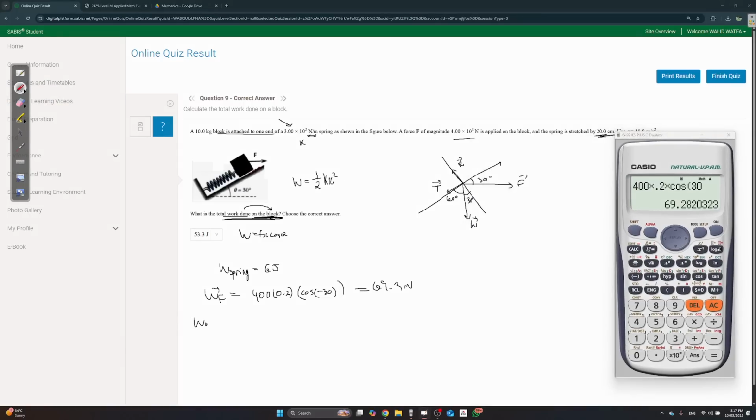Now for the weight. The work done by the weight is equal to what? Again, F times x times cosine theta. The force of the weight, you guys know that weight is equal to mg. The distance traveled, again, is still 0.2 meters.